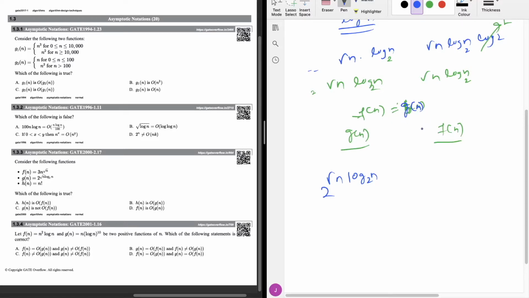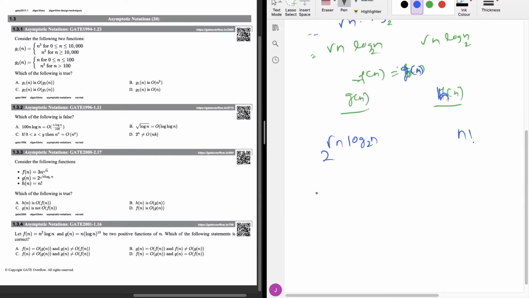So now I have to compare one of these, g(n) or f(n), with h(n). So let's compare g(n) with h(n). g(n) is given as 2 power root n log n base 2, and h(n) is given as n factorial, right? So let's again apply logarithm on both sides. After applying logarithm, I will get root n log n into log 2. Directly I have shifted this exponent part to the multiplication part.